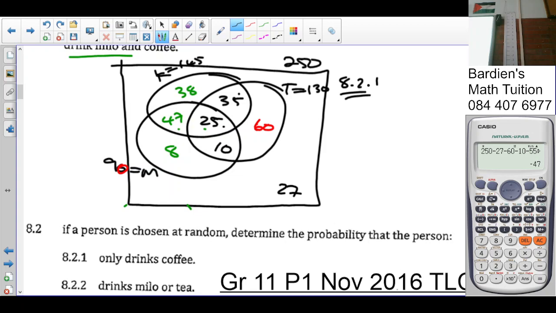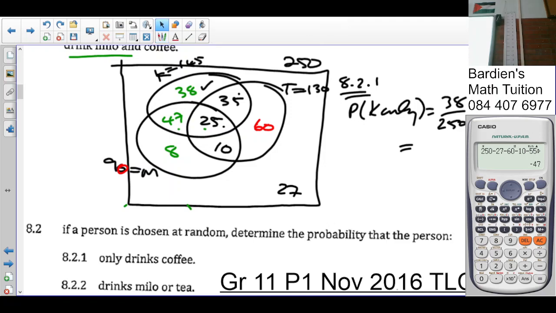So coffee only is 38. Can you see that? So the probability of coffee only is going to be 38 out of 250. 38 out of 250 gives an answer of 19 over 125. Okay.